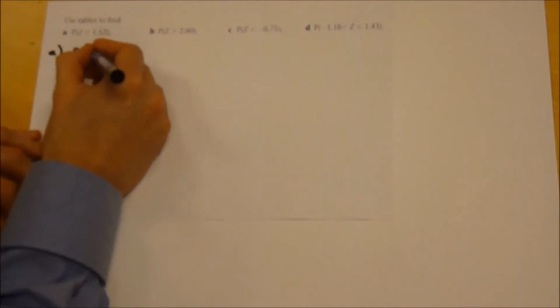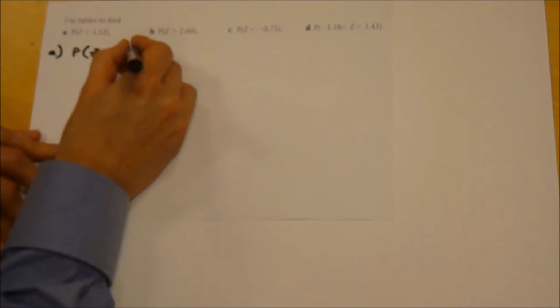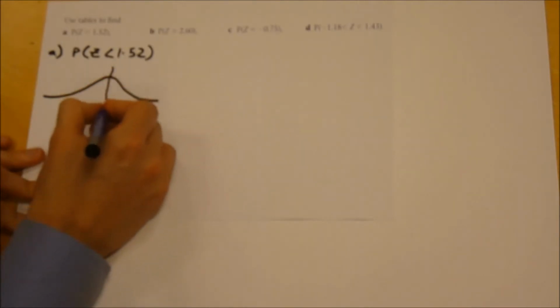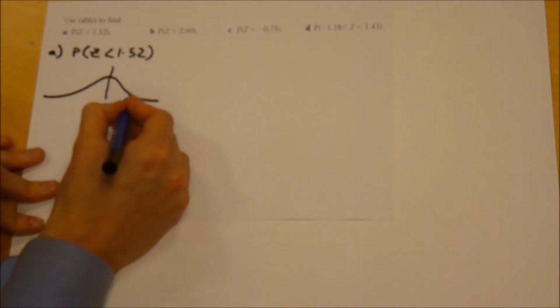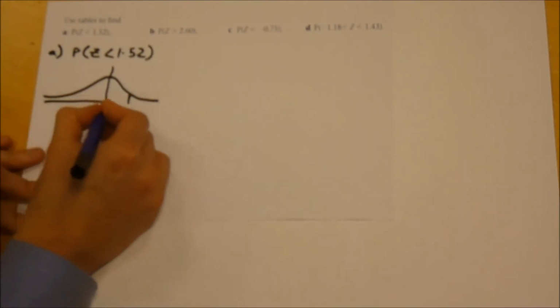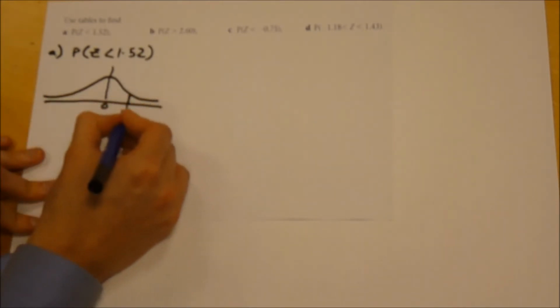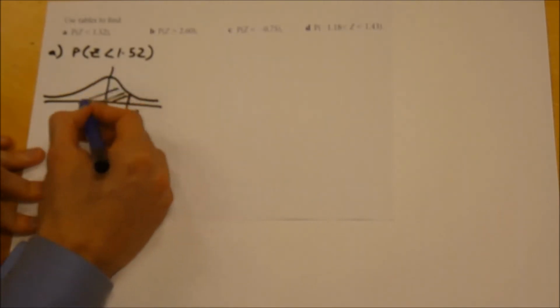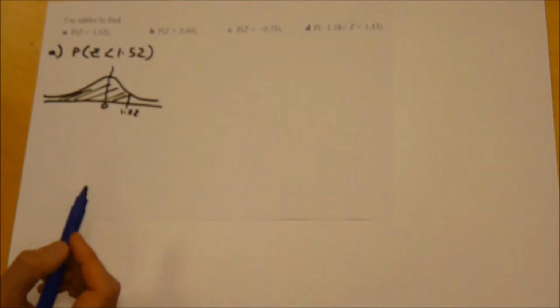So for part A, it's asking us for the probability that Z is less than 1.52. So I'm going to draw my sketch as I always would. I know the mean is 0, so 1.52 is going to be somewhere over here. So the probability it's less than 1.52, I'm trying to work out this bit here.